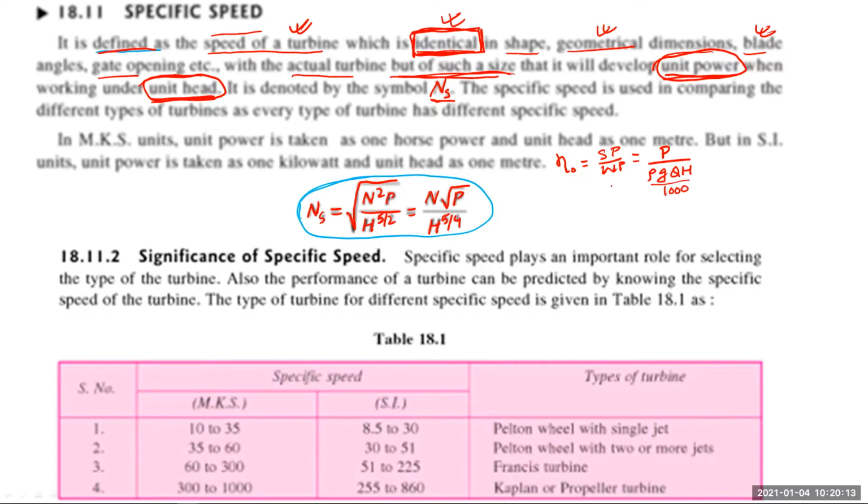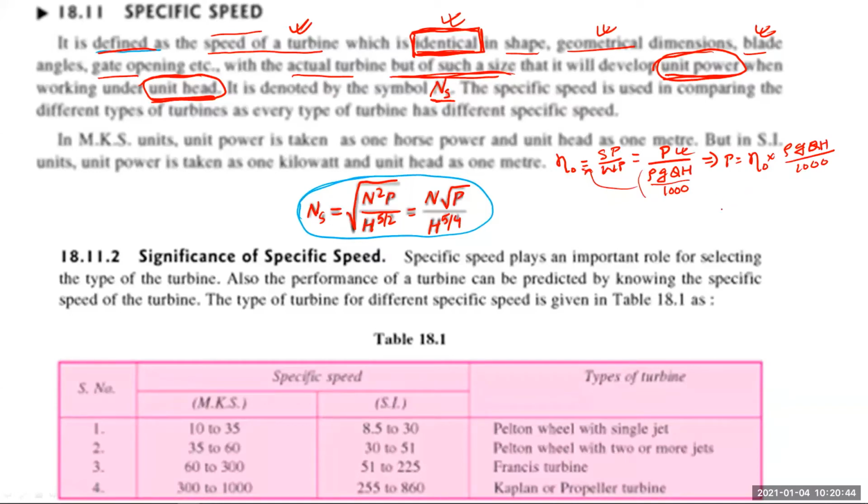So from here, P equals overall efficiency into rho into g into Q into H divided by 1000.